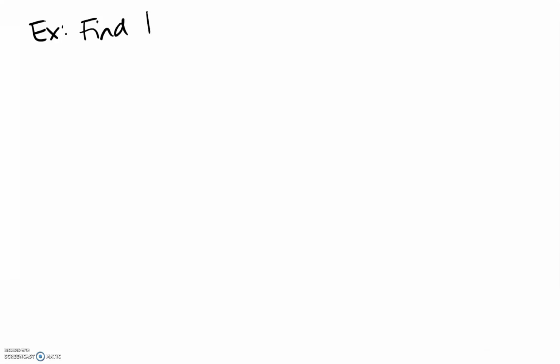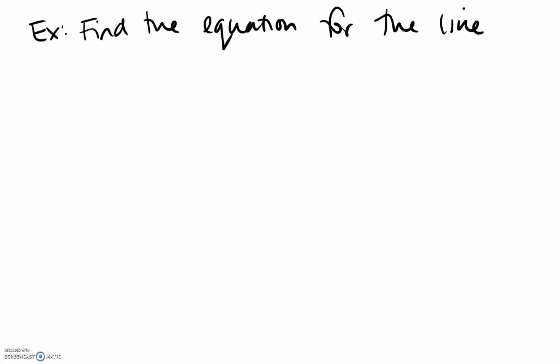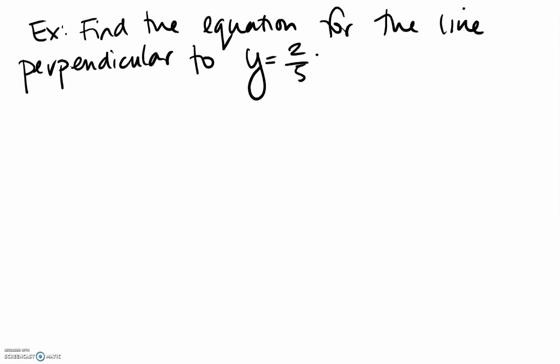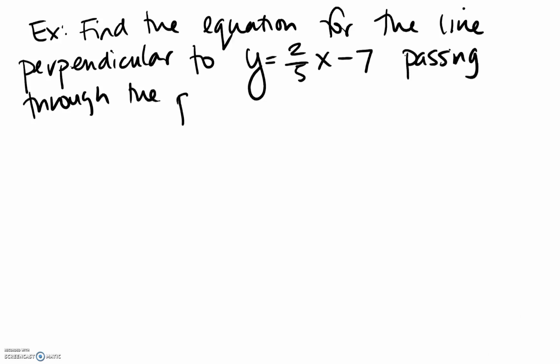Find the equation for the line perpendicular, so you guys have the opposite one, perpendicular to y is equal to 2/5 x minus 7, passing through the point 4 comma negative 3.